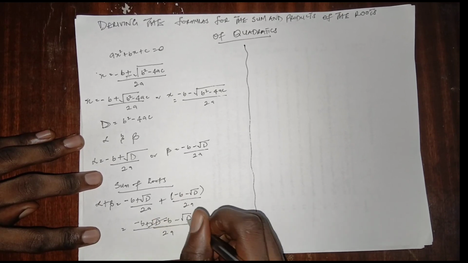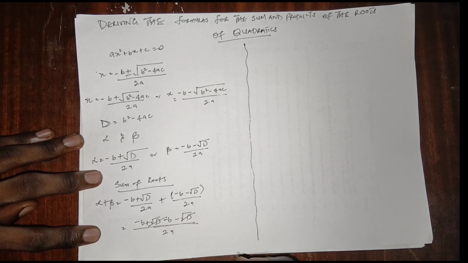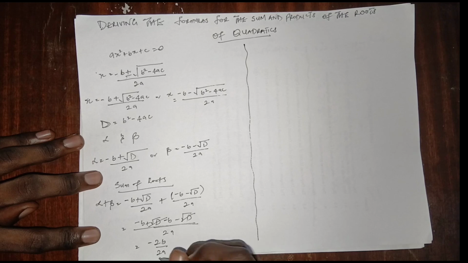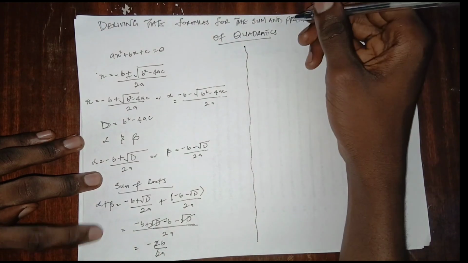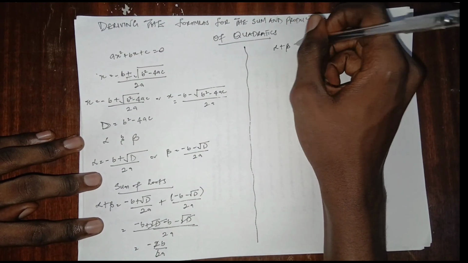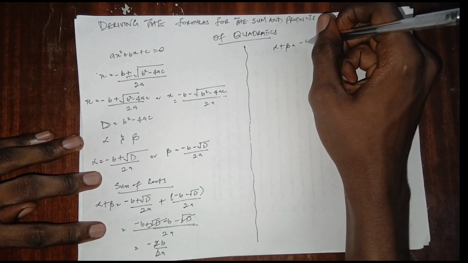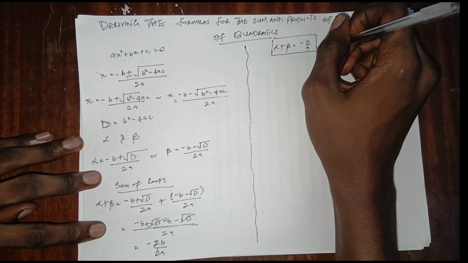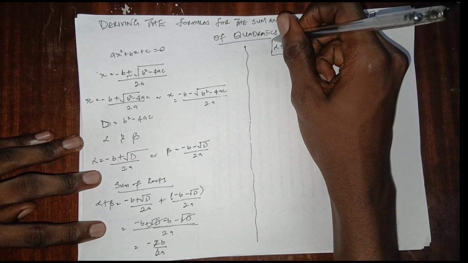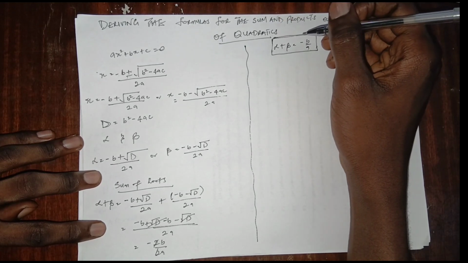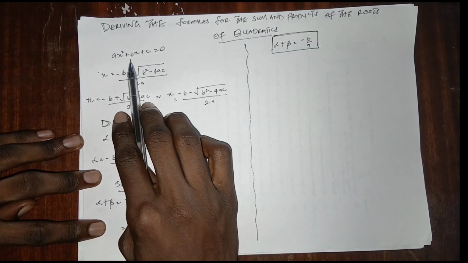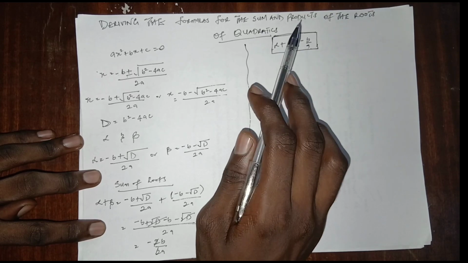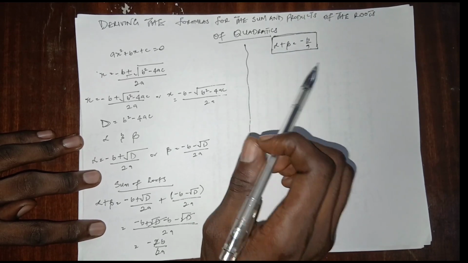Then root d and minus root d go, because they are opposite. We have minus 2b over 2a. So cancelling, alpha plus beta is equal to minus b over a. Let's take note of this. So instead of calculating the roots, just take whatever occupies the b position and whatever occupies the a position. If you have minus b over a, you get the sum of the roots.